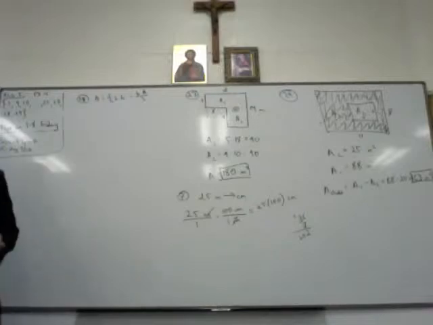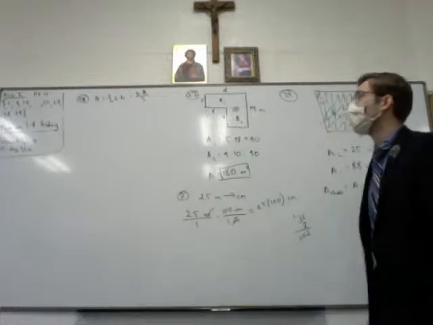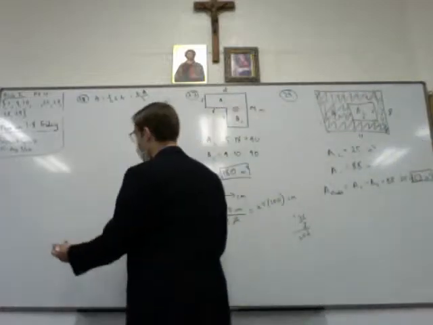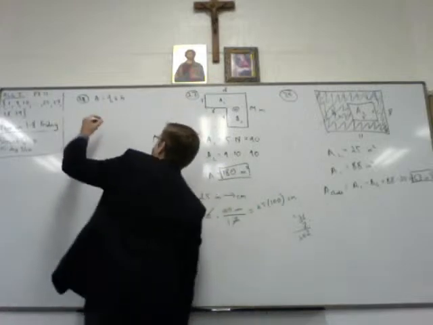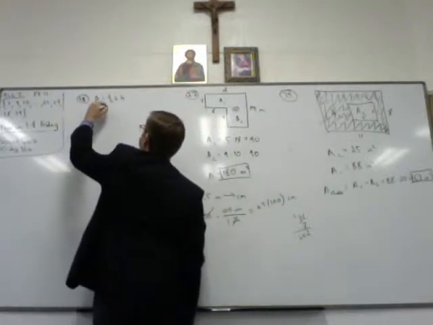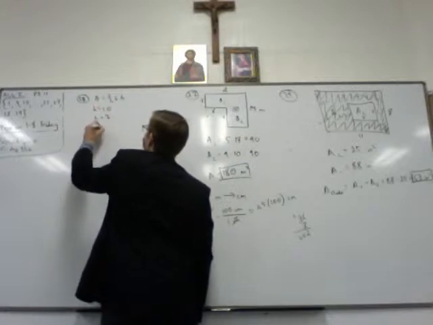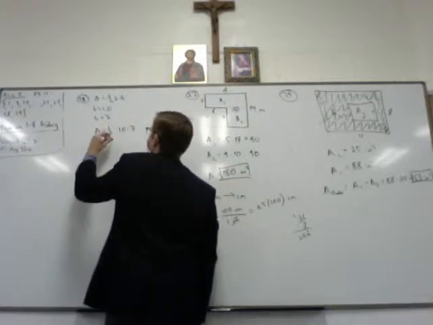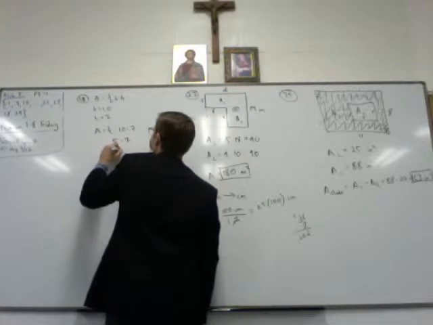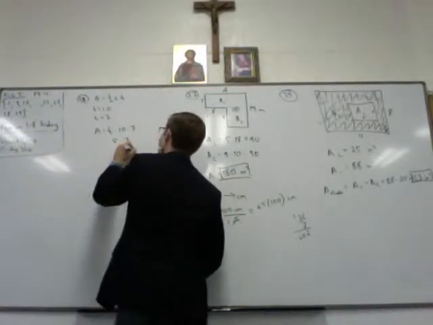But I do try to model for you how I recommend writing these out. So notice here, for this triangle one, area is 1/2 base times height. The base is 10, the height is 7, so area is 1/2 times 10 times 7. 1/2 times 10 is 5, times 7 is 35 square meters.